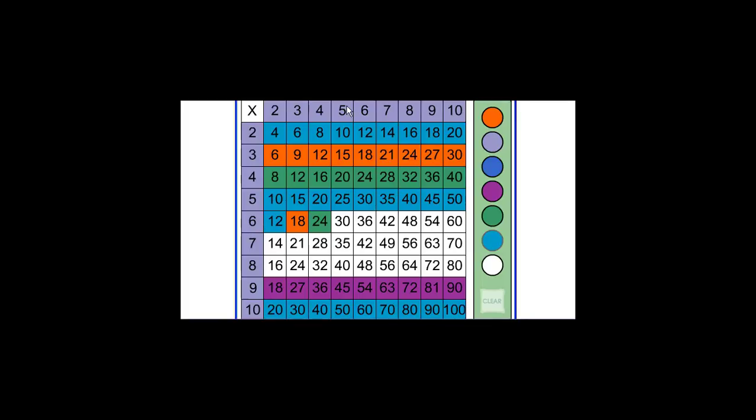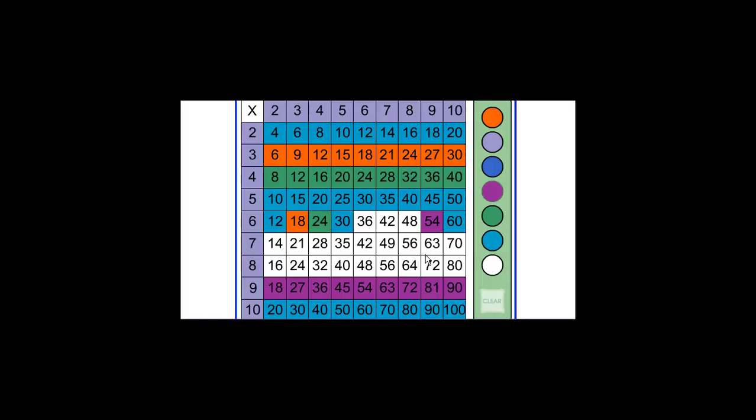So 6 times 5 must also equal 30. When you learned that 10 times 6 is 60, you were also learning that 6 times 10 is also 60. And if 9 times 6 is 54, then 6 times 9 must also be 54. So you only have 3 facts left to learn in the 6's.